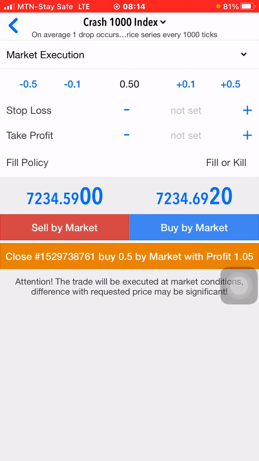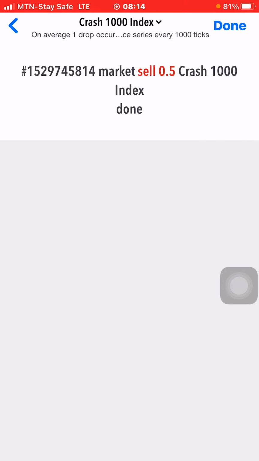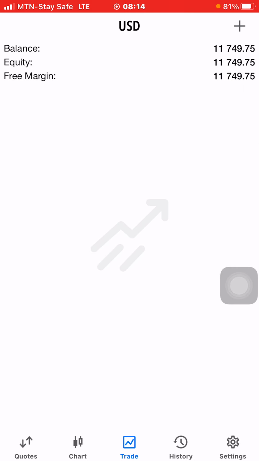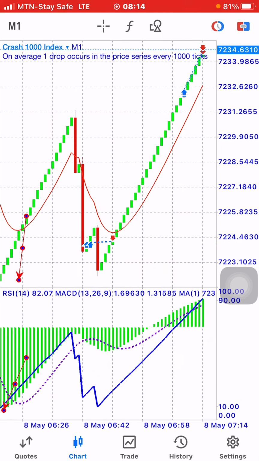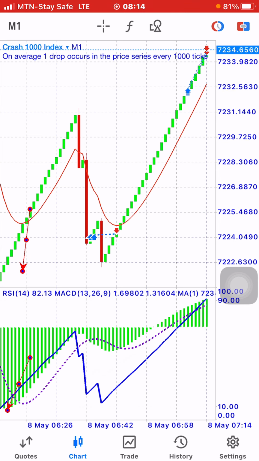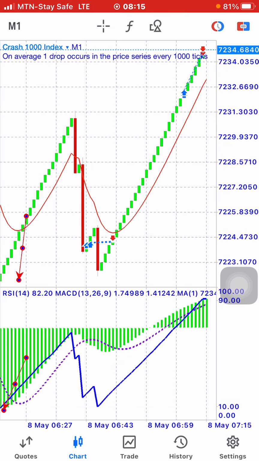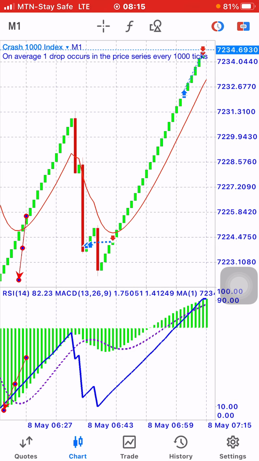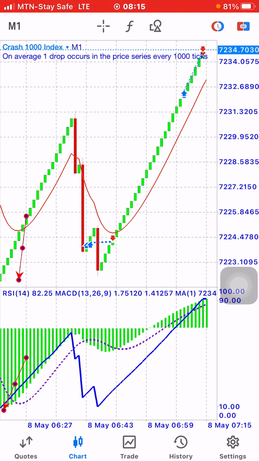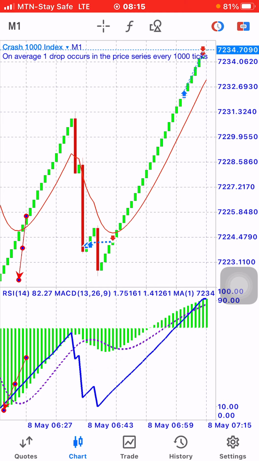Tap on the yellow again lastly, and close the market. That's how to enter, that's how to close a market. All right, so now let's study this last scenario.